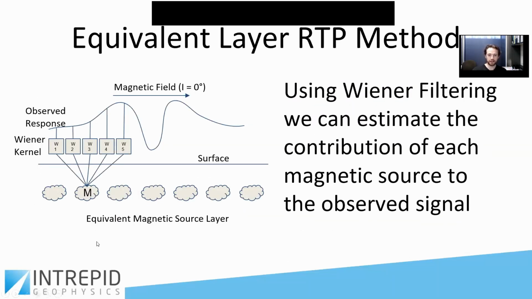So we'll be windowing and running through the entire grid, estimating each of the equivalent sources, and that will build us a model that we can then create a forward model from at any inclination that we care to solve for.